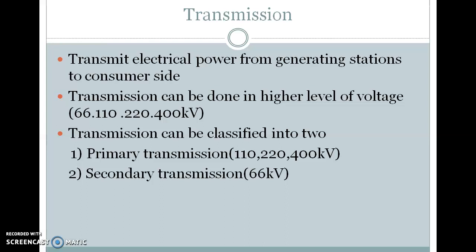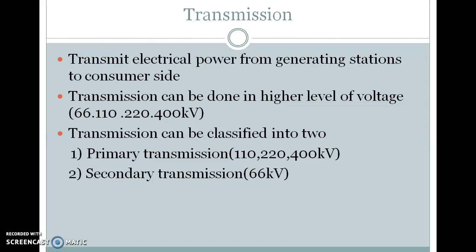The need for higher transmission voltage is to reduce the transmission losses, and it has the capacity to handle a large amount of power. So these are the two advantages of transmitting the energy at a higher voltage level.